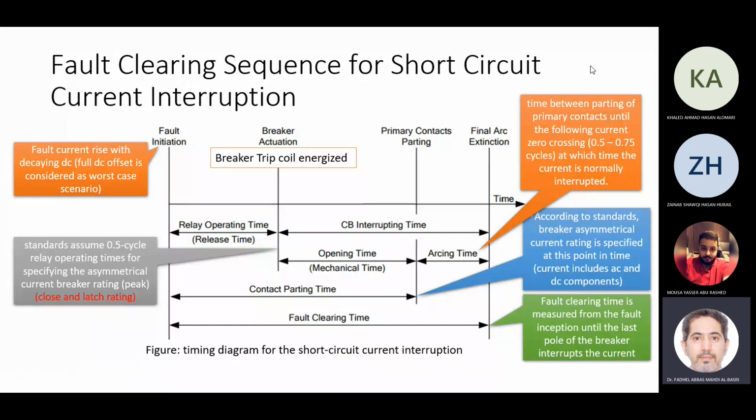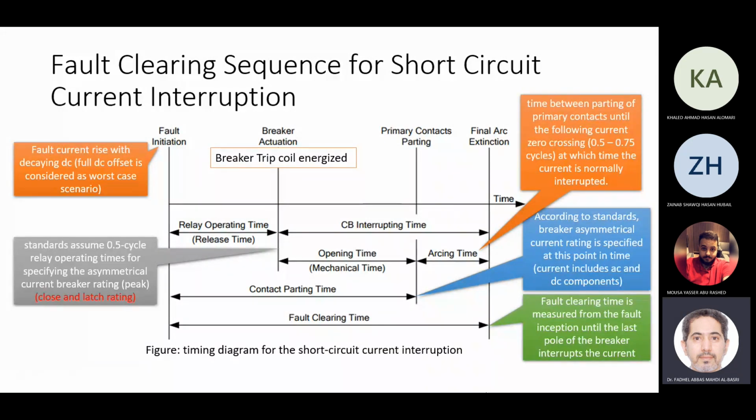It could take from 0.5 to 0.75 cycles for breakers to extinguish, and for some other breakers it could take even longer, even 2 cycles just for arcing.